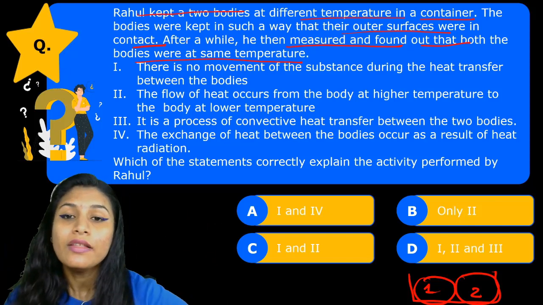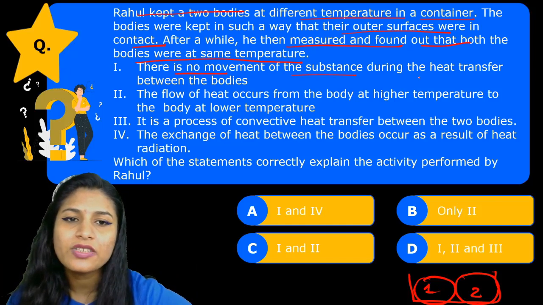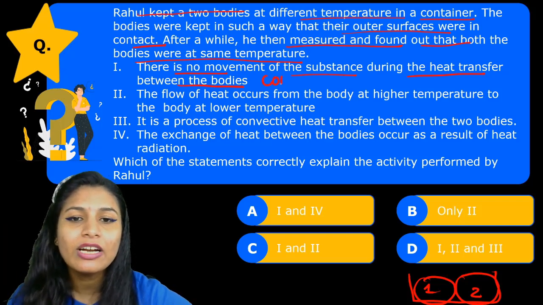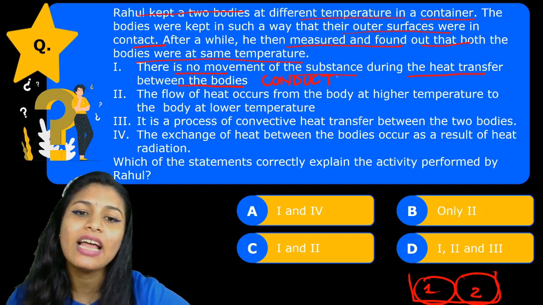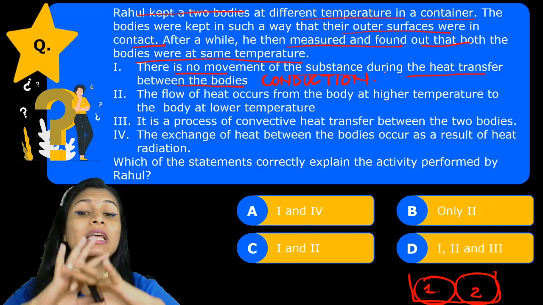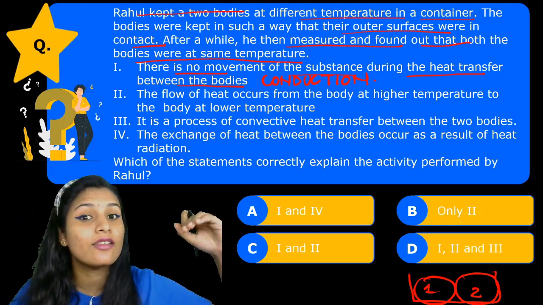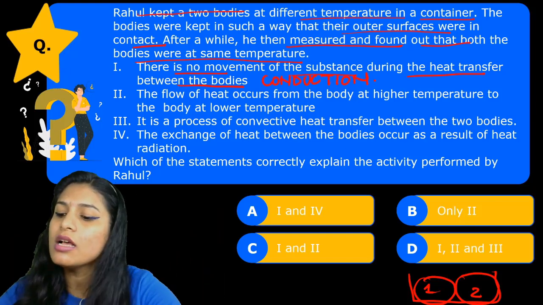Okay. There is no movement of the substance during the heat transfer between the two bodies. Absolutely correct. Why, ma'am? Beta, when two bodies are in contact and heat transfer takes place, then that process is known as conduction. And in conduction, there is no movement of molecules. Why?